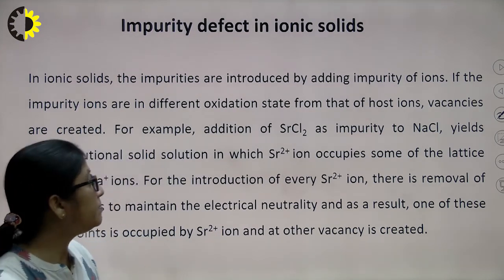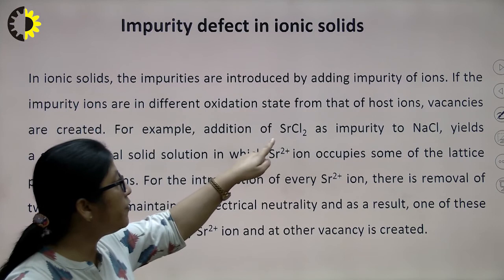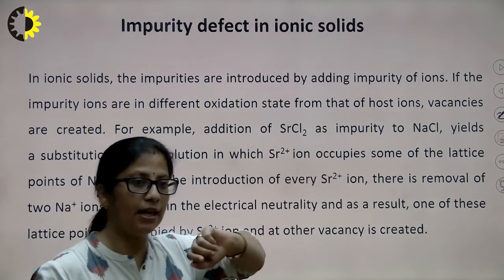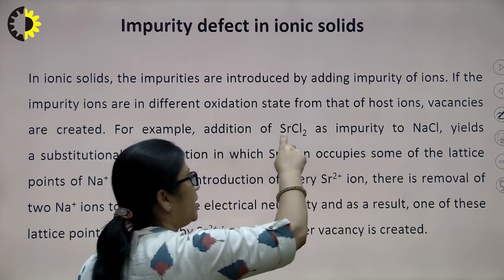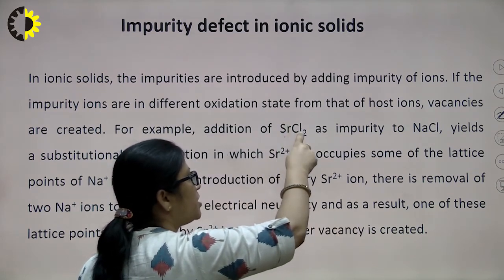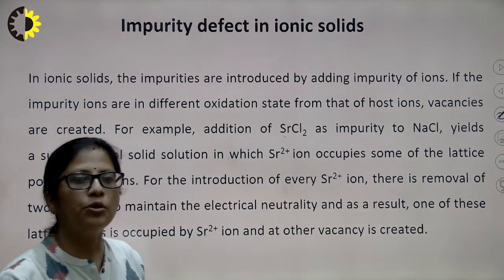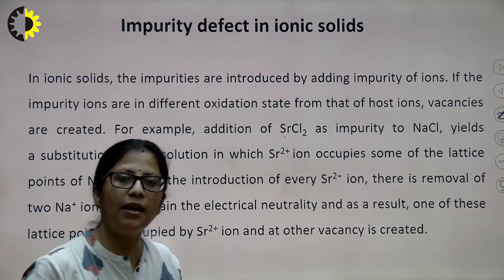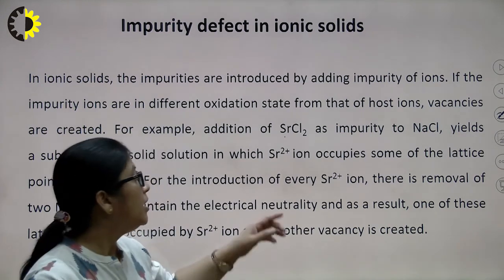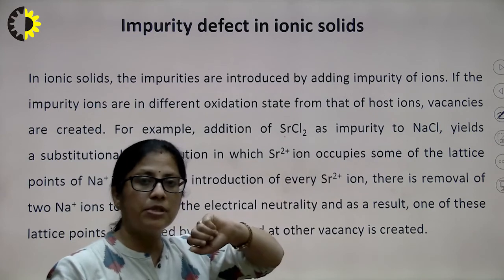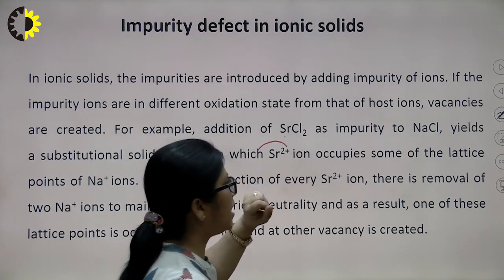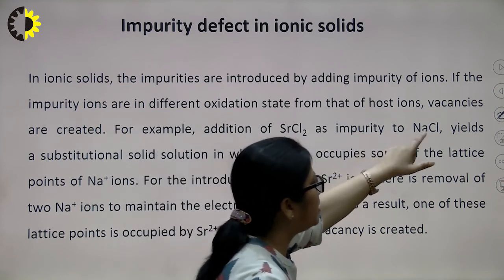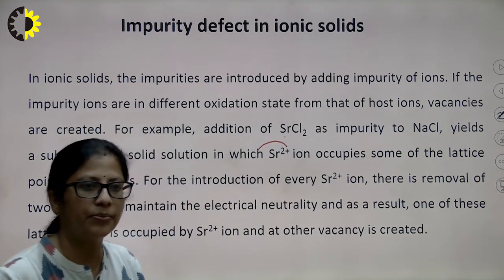For example, the addition of strontium chloride to NaCl. Here we can see Na+ Cl-, but here Sr2+ and 2 Cl-. So, here the impurity is of the same size, but it is present in the higher oxidation state, whereas sodium is in the +1 oxidation state.